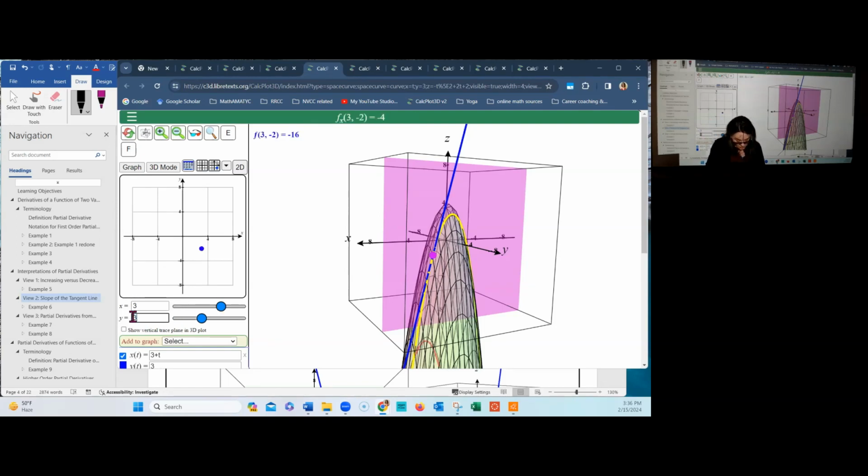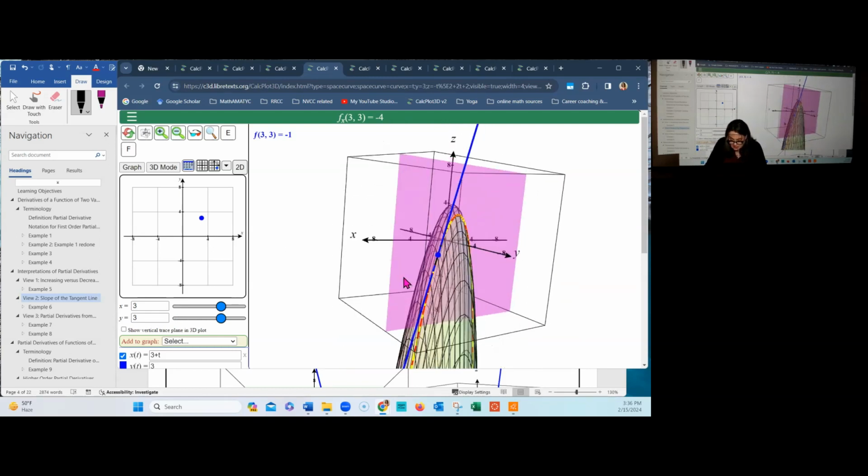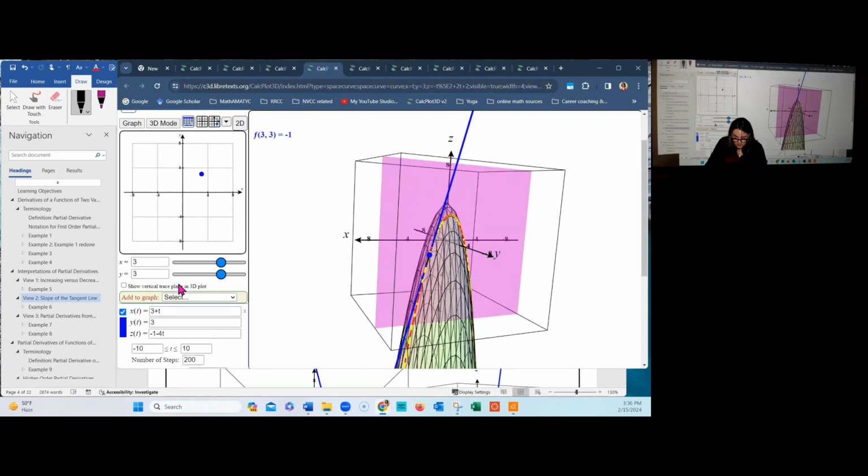Y had to be 3, and we just selected 3 for x at random. And you can see that it is now lining up. So it's kind of hard to see. It's sort of in there kind of tight, but it is in there, right? The blue is in there with the black.